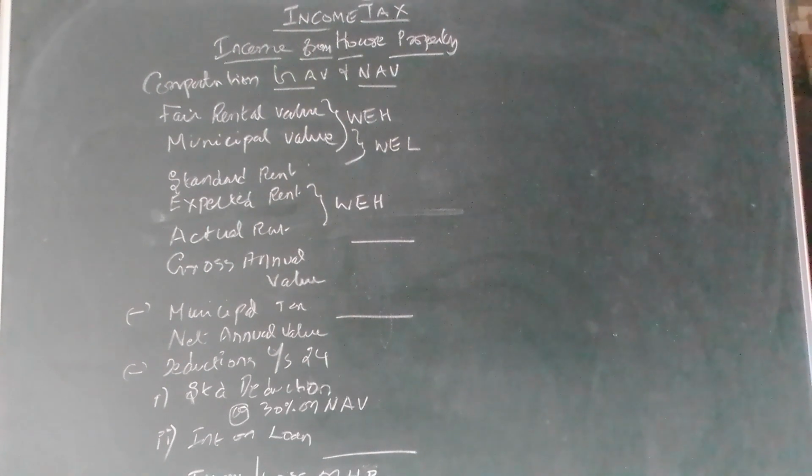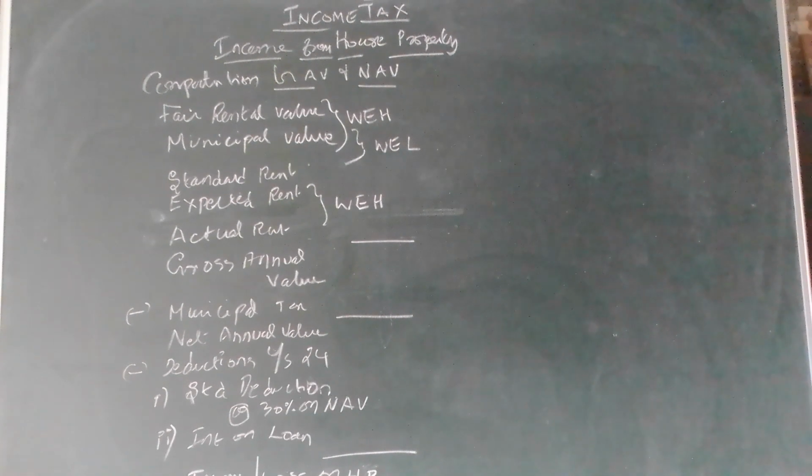Now, the format that you are seeing on the board will give you a clear idea about how the income is calculated in house property. See, basically we should understand one important point. Though the rental value is an important item for the computation of house property, that alone is not taken as income of the house property.